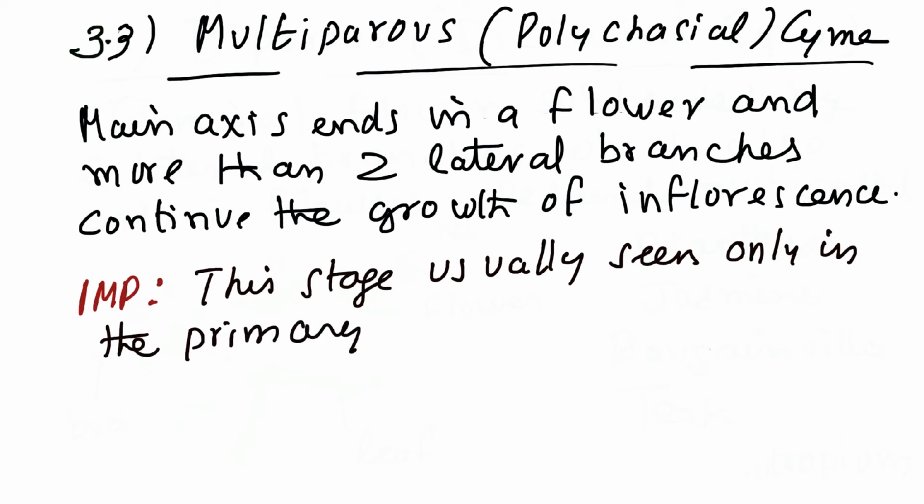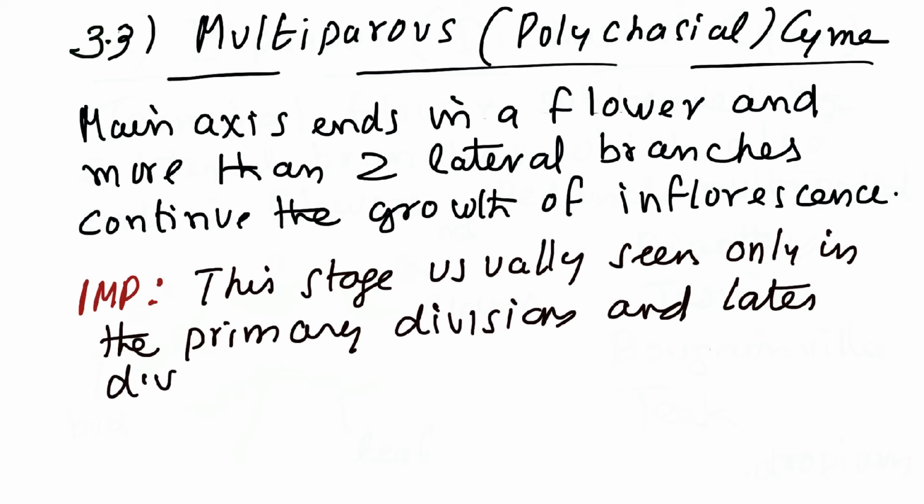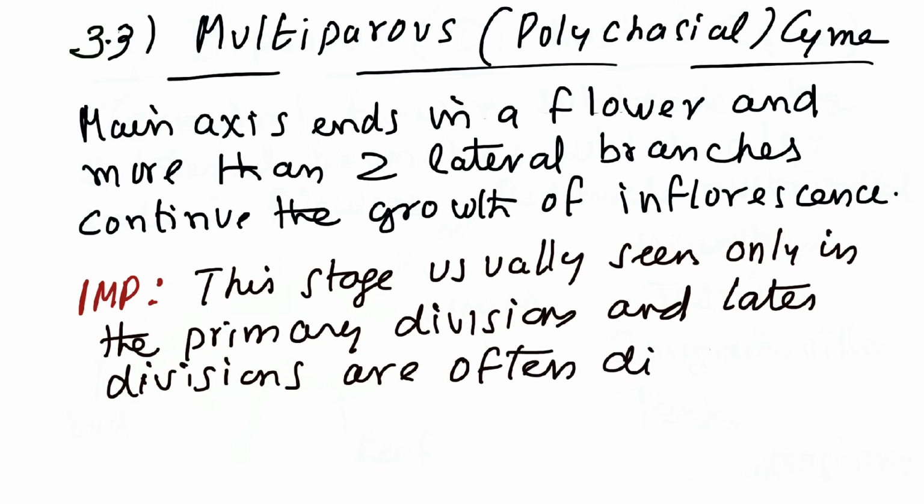Once again, reiterating, a very important point is that this stage usually is seen only in the primary divisions, that is the first divisions of the shoot tip, and later on the inflorescences which come out would be the dichasial, followed by the monochasial type.